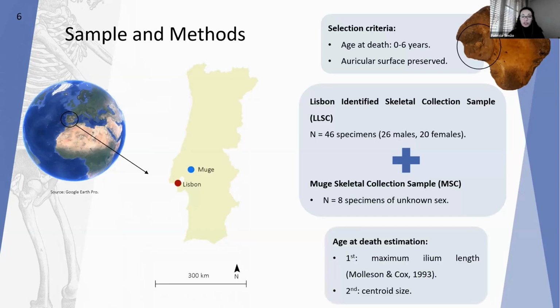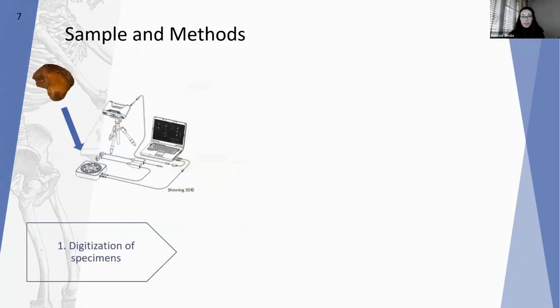To verify the age at death of the reference sample, the method proposed by Molleson and Cox for the maximum ilium length was used. For the archaeological sample, we relied on centroid size from the reference sample due to fragmentary specimens. Following the GM methodology, the first step involved 3D bone digitization.